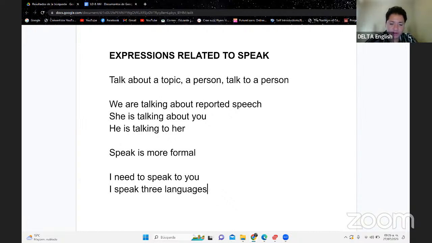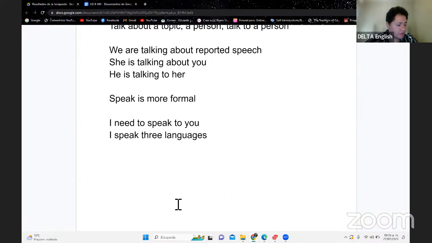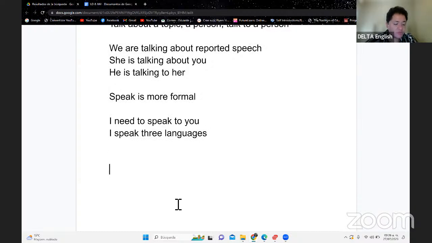Okay, now we have some expressions too. So the first expression will be speak out. Esas ya son como algunas frases, okay? Also, speak is used like the ability, right?